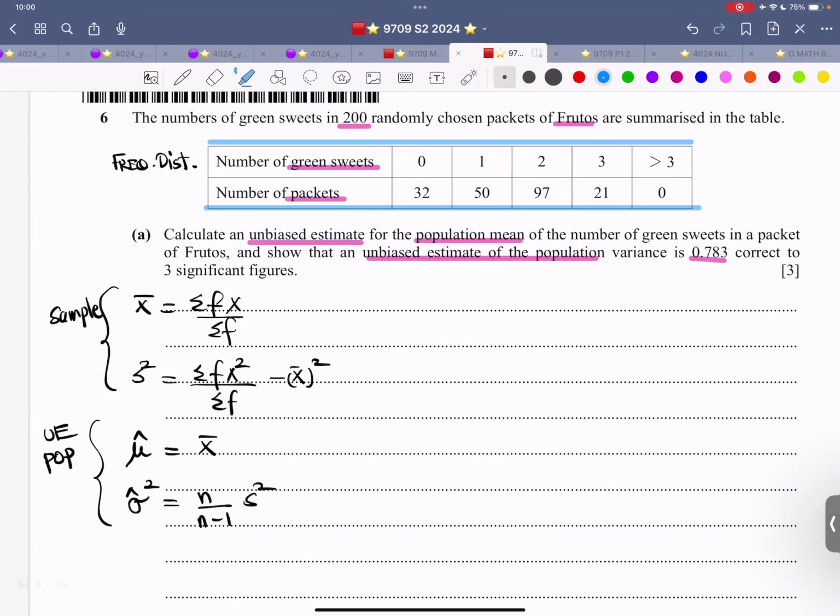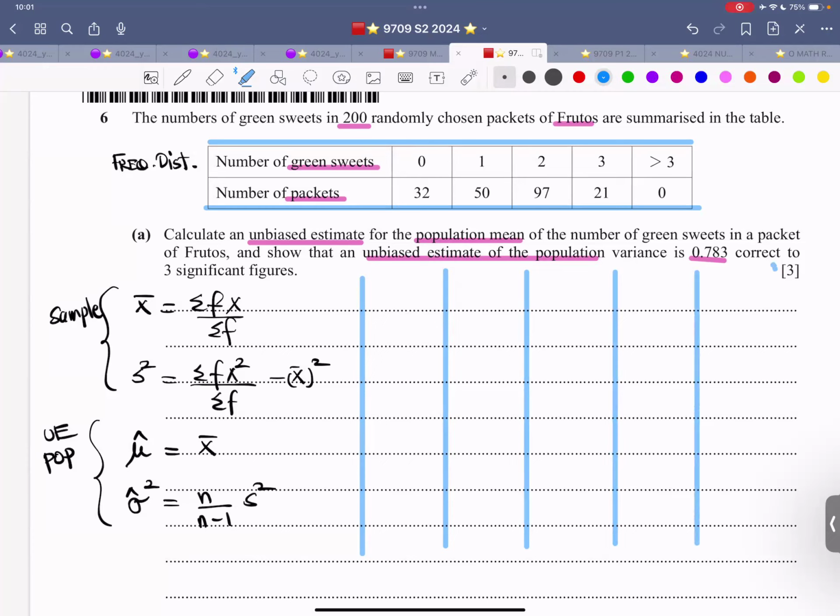So now I think it's a good idea that we make a table, because there are only 4 values. So we can either use the table or without the table. That's your choice. So let me make a table over here. And I think 5 columns are there. First column is for X, this is for F, this is for X squared, this is for Fx, this is for Fx squared.